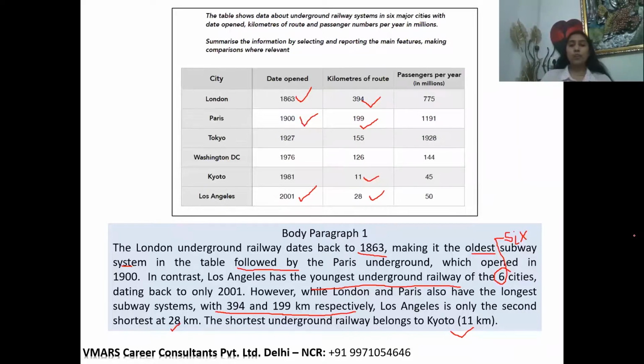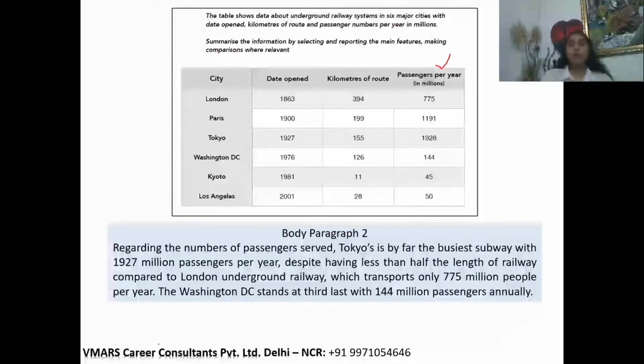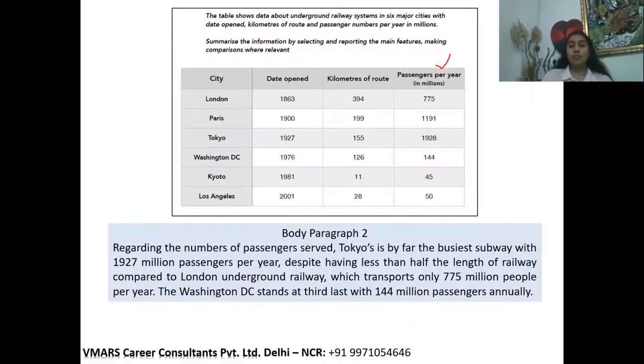Now let's move on to body paragraph 2. Regarding the number of passengers, Tokyo is by far the busiest subway with 1927 million passengers per year. It should be 8, yes, it is 8, typo error. Despite having less than half the length of railway.